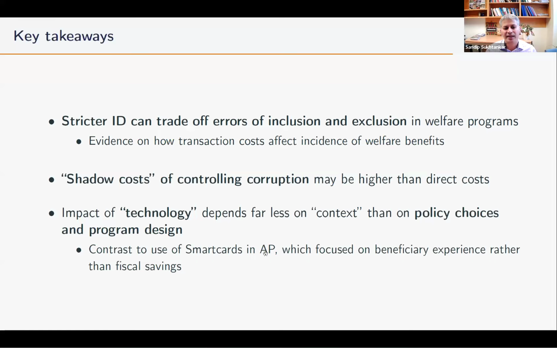Again, highlighting that it's not necessarily the technology itself, but how it's implemented. And the idea here is, again, the government, all it cared about was the fiscal savings, not necessarily the beneficiary experience. And so beneficiaries were really worse off.